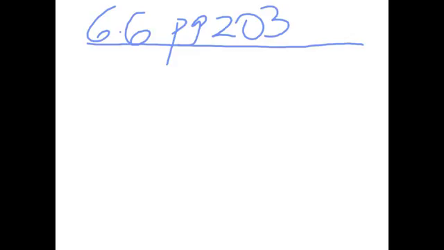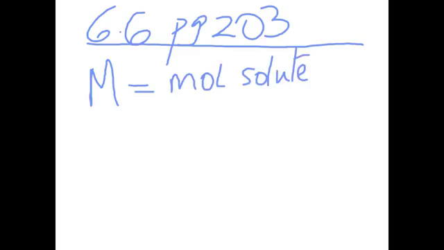Did you all finish it? Okay. So remember, what's the formula? Molarity is equal to what? The moles of what? Solute, yes, divided by volume in liters, not milliliters. So if you have 2.33 grams of KCl, can I just put that in here?